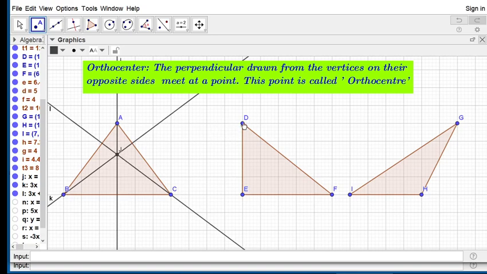Now let's move to the right angle triangle, where the orthocenter lies. Here from vertex D to EF I have drawn a perpendicular. You know this is already the perpendicular. This is a right angle triangle. Similarly, from vertex E to the other side, it passes through this point as well.